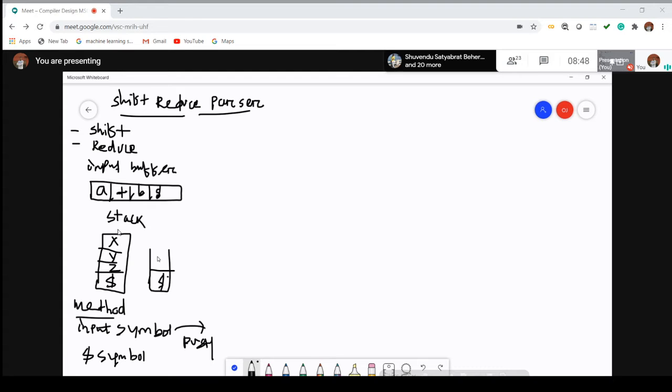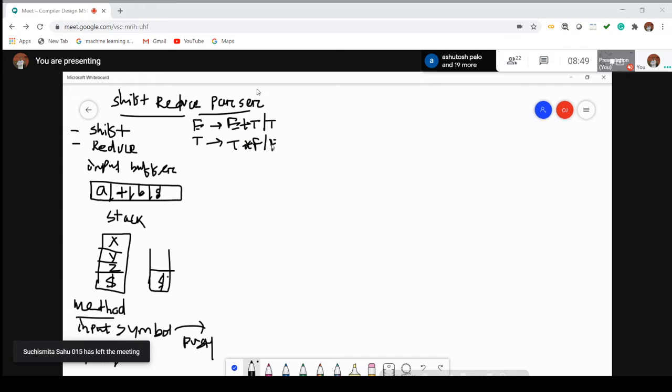Let us consider an example with the same productions. You can easily understand from the example. Let my productions be E to E plus T or T, T to T star F or F, F to bracket of E or id.